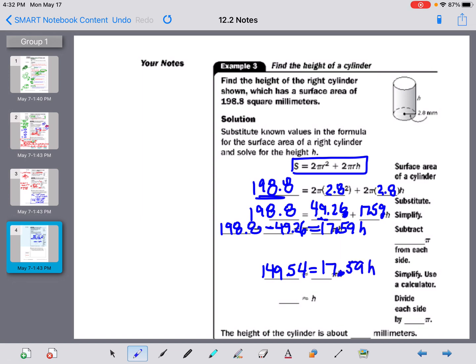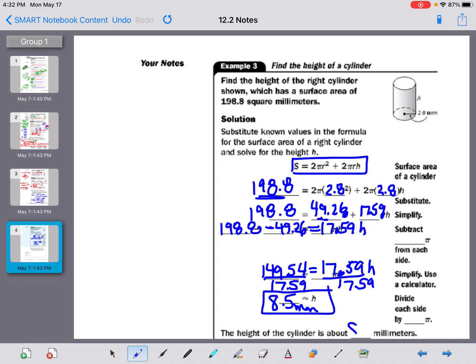All right, one step left to get h by itself. I'm going to divide by 17.59. And it looks like I get close to 8.5. All right, and I notice all the squiggles. I am definitely rounding here, 8.5 millimeters for that height, okay?